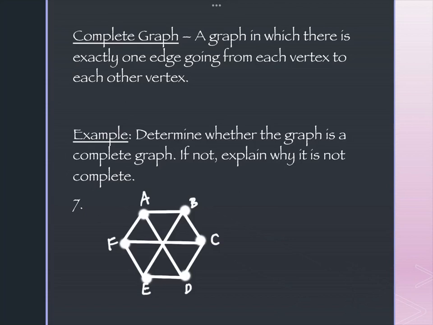Okay, so this is our next picture. And the question asks if the graph is complete. So complete means I can take a vertice, we'll just take A, and I have an edge that connects A to every other vertice. Do I?